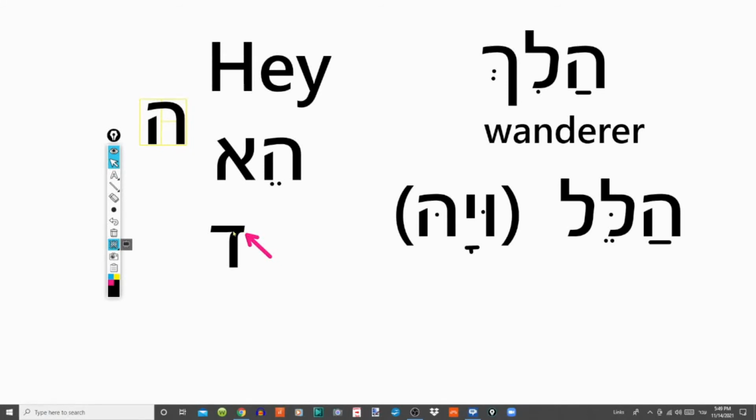That makes this a Daleth. If you didn't have that tail there, it would be like a resh, and could be confused with a final kaf as well. But this is what makes this a Daleth, this tail right here. Okay, and I just wanted to point that out to you. Sorry, I forgot it earlier.